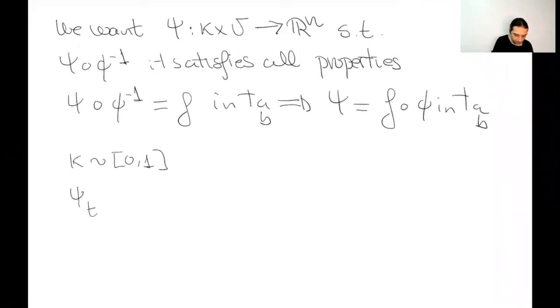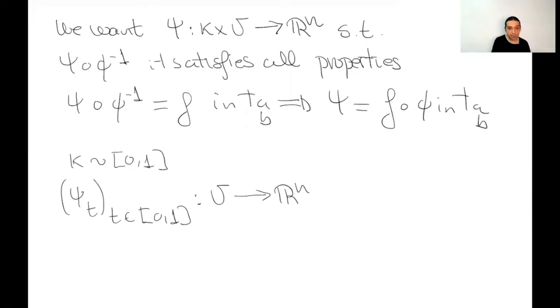a homotopy, an isotopy indeed, defined in some neighborhood P of 0 in Rn to Rn.